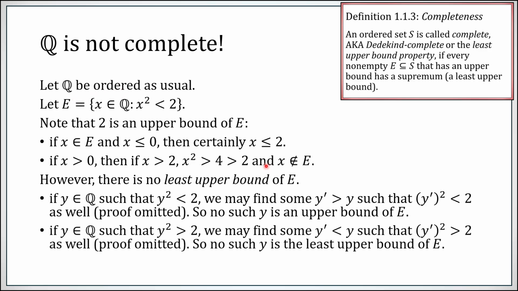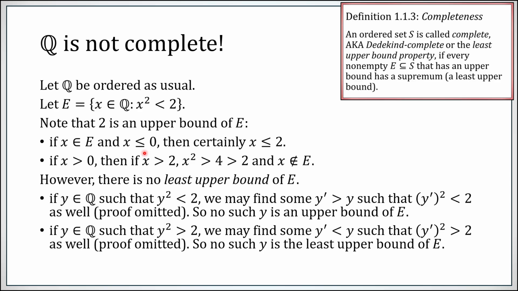But now consider something whose square is larger than 2. You can still find something smaller whose square is larger than 2. And again, we're not going to work through the proof here. But if you have something whose square is, for example, 9, like 3, then you could have had something a little bit less, 2.9. The square would still be larger than 2. Any rational number whose square is larger than 2, something a little bit smaller would still have a square larger than 2.